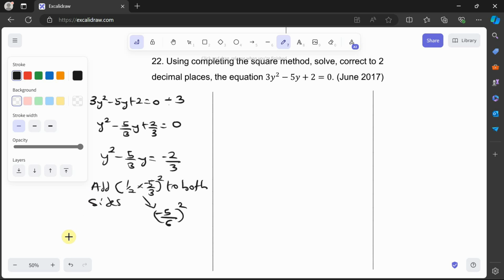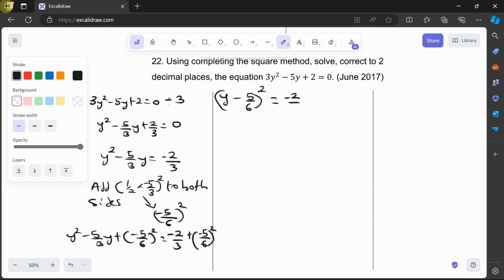So that will be y squared minus 5 over 3 y plus minus 5 over 6 all squared is equal to minus 2 over 3 plus minus 5 over 6 all squared. Then like we said, we take the squares. So this y and this minus 5 over 6 and put inside the brackets. So that will be y minus 5 over 6 all squared is equal to minus 2 over 3.